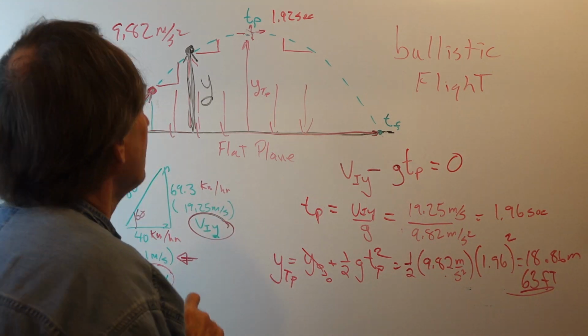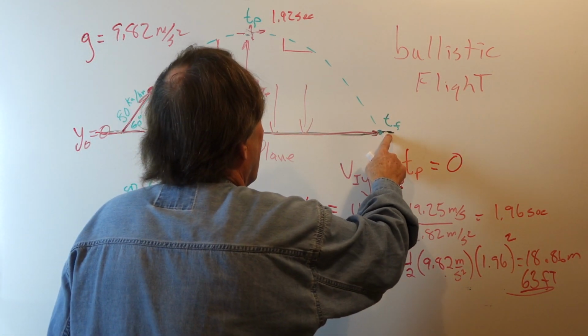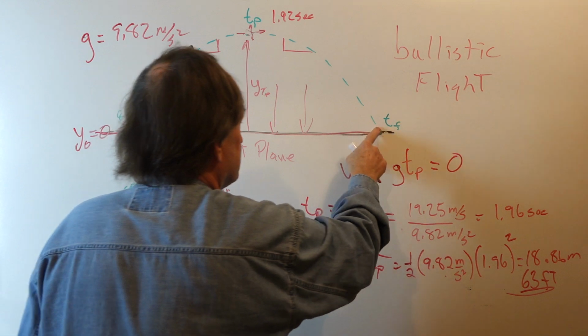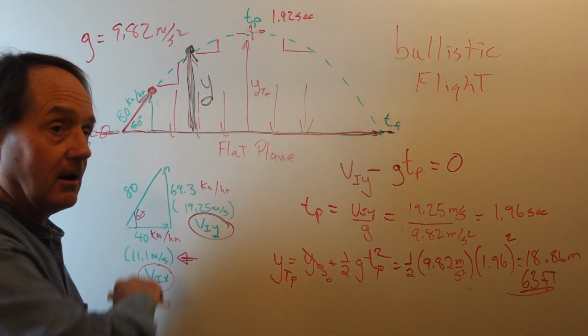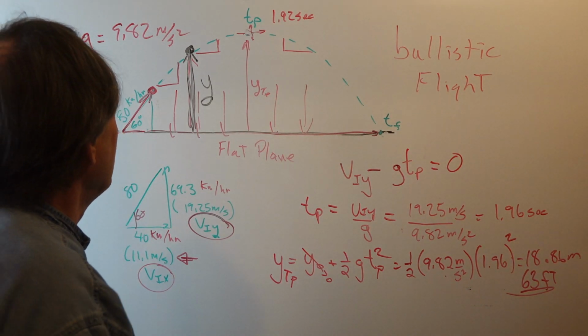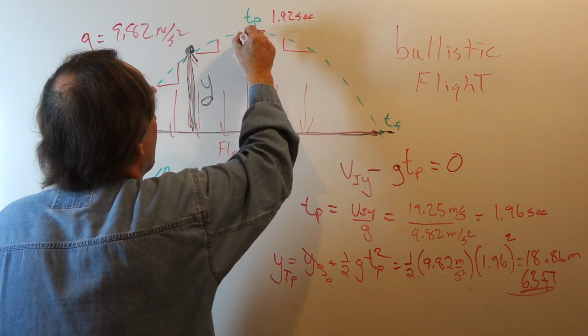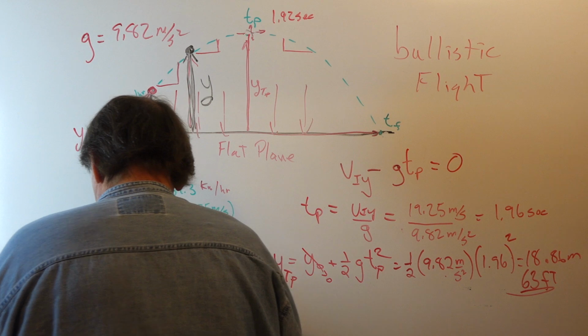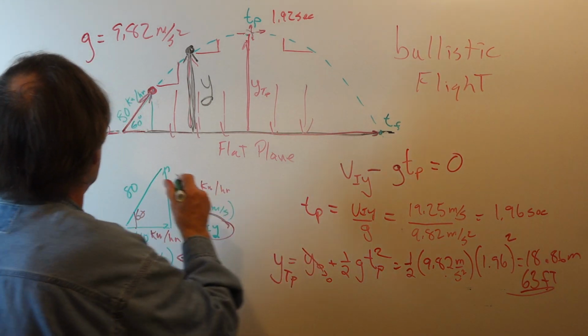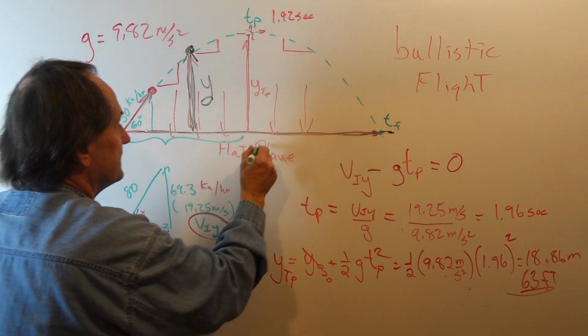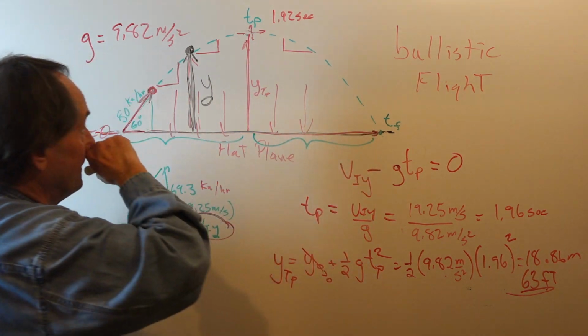Now, how far out does the object go when it hits the ground? How far is it from the initial throw? Well, this being symmetric, remember, as I told you, we have a parabola here. So the distance here is the same as the distance here.